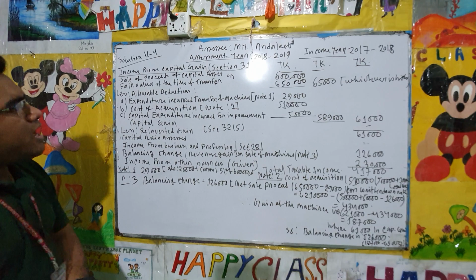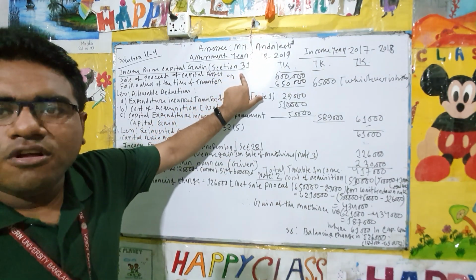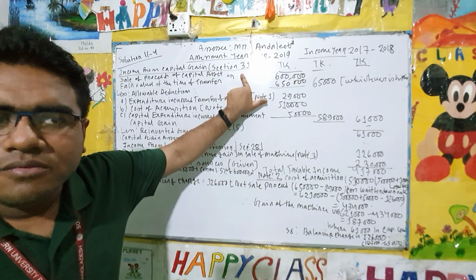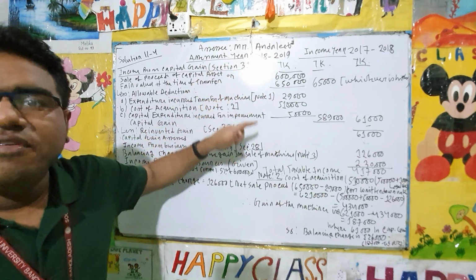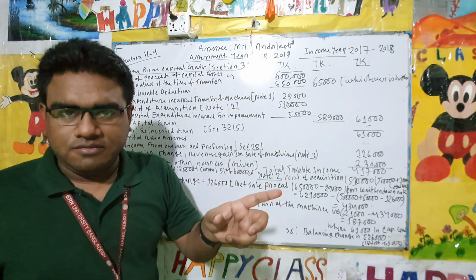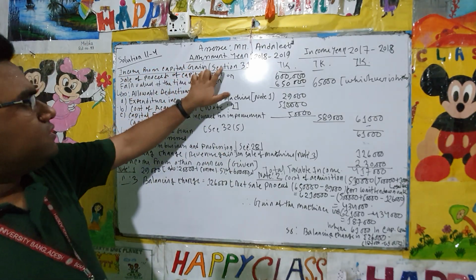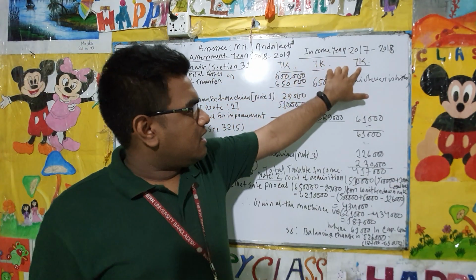So income from capital gain, section 31. You need to remember always, section 31. Don't need to mix up. If you write here section 28, 30, I will deduct 1 to 2 marks. So income from capital gain, section 31, Taka, Taka, Taka.